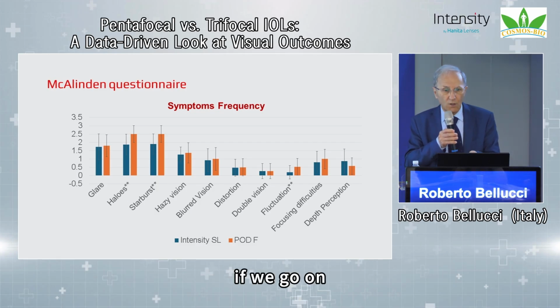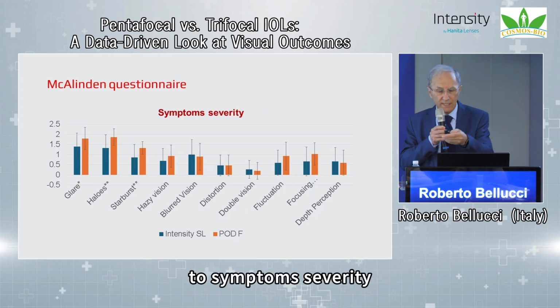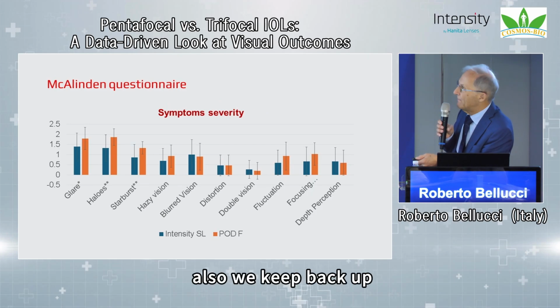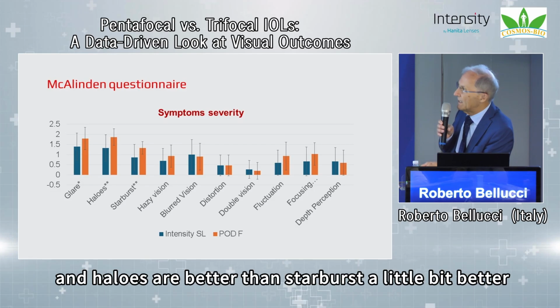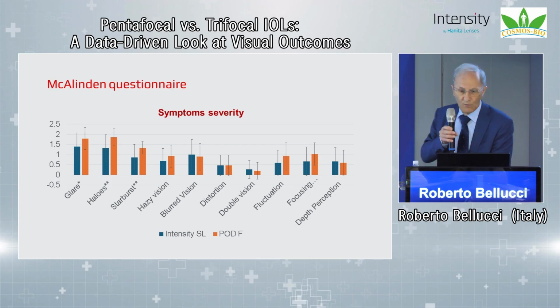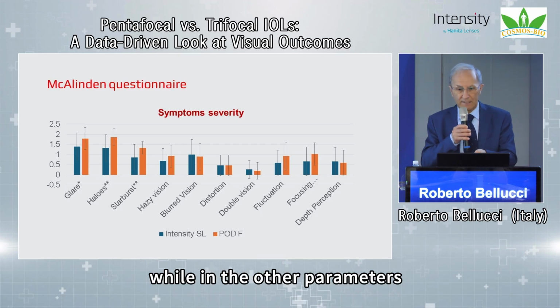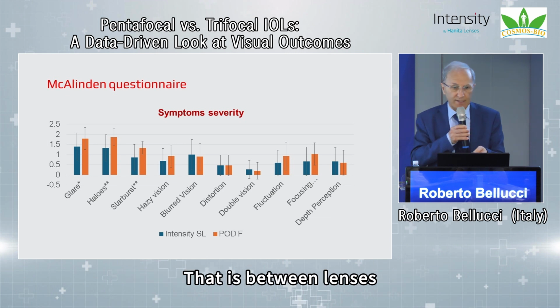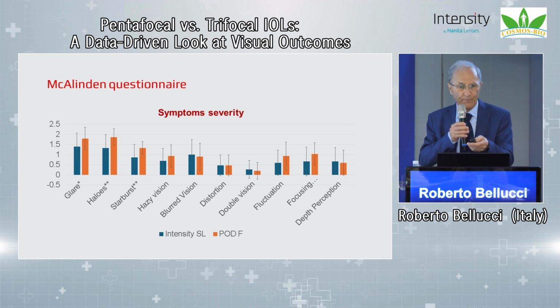If we go on to symptoms severity, we also see that glare and halos are better, starburst is a little bit better, while in the other parameters we found no difference between groups, that is, between lenses.